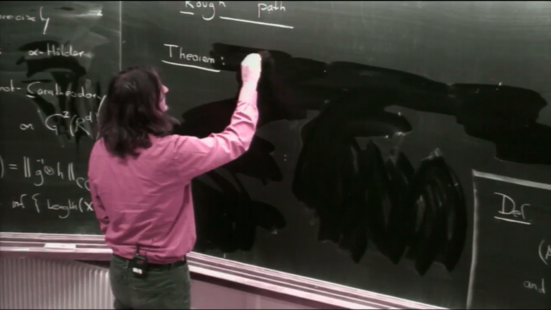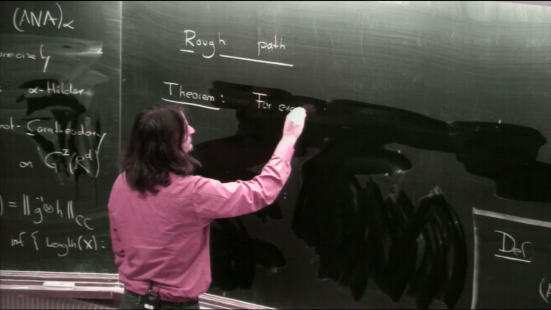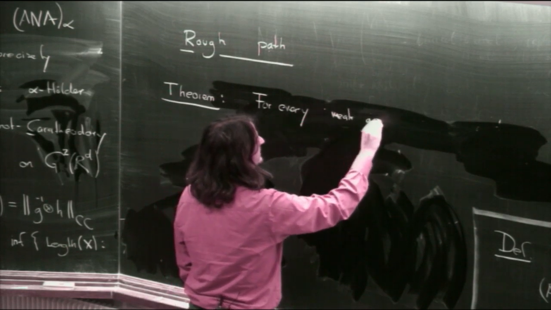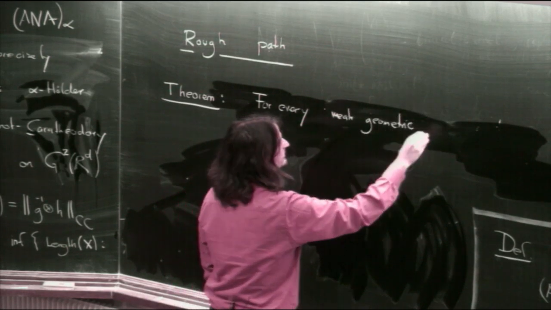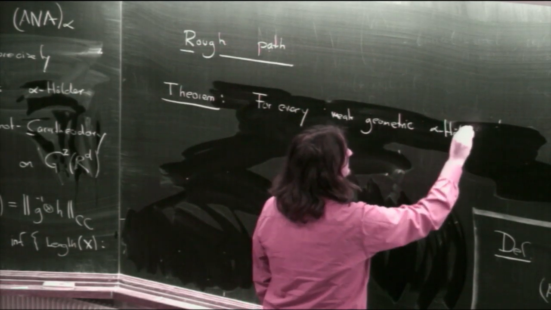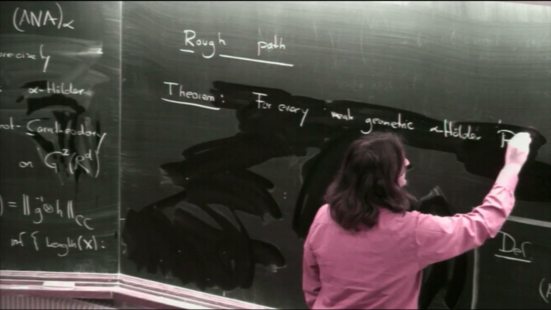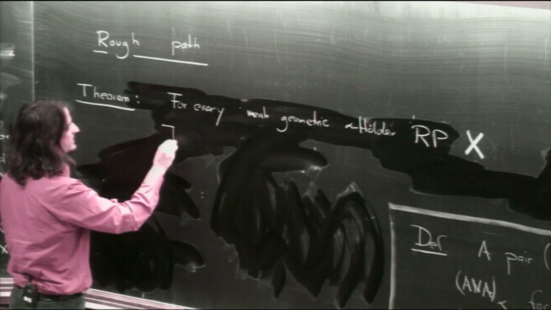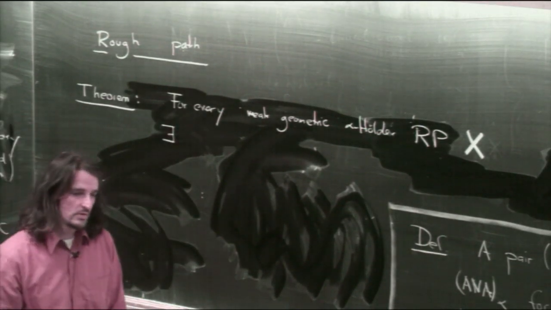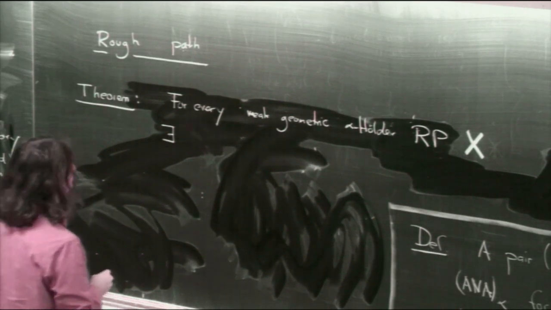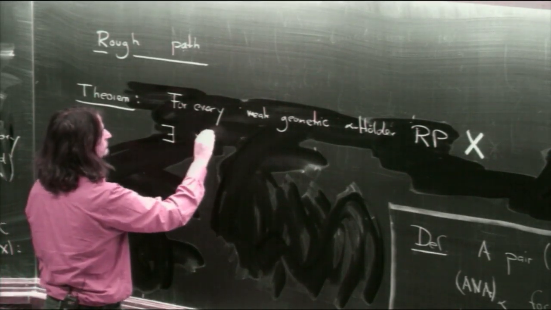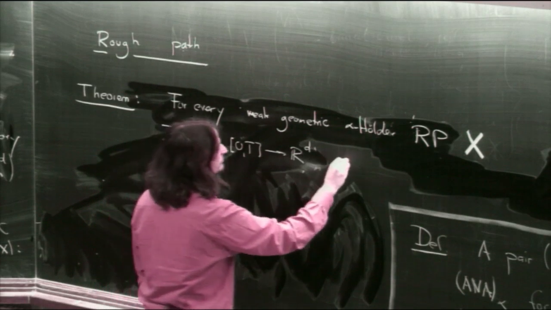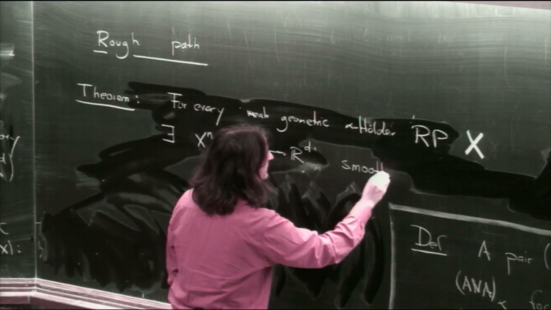For every weak geometric alpha-Holder rough path X, there exists a sequence of smooth d-dimensional paths x^n.